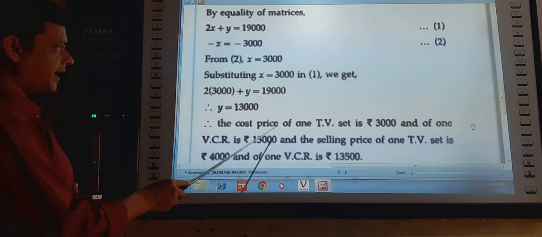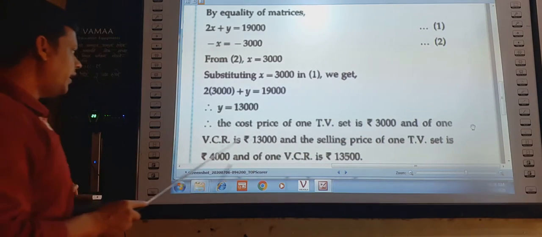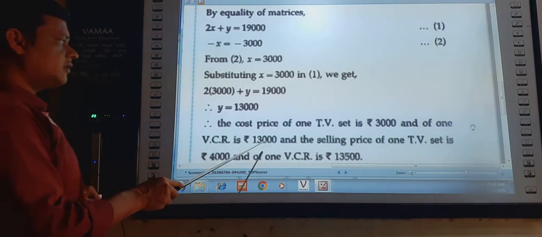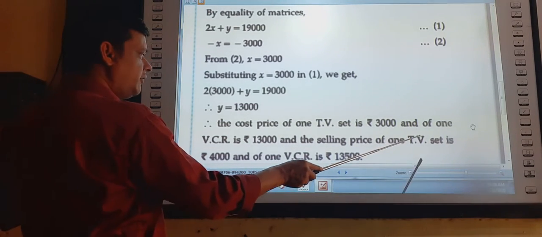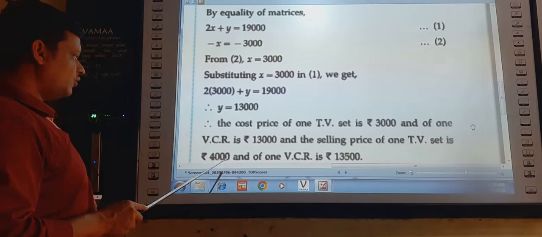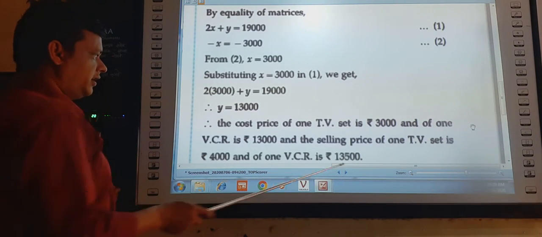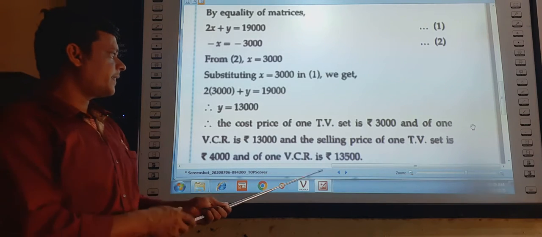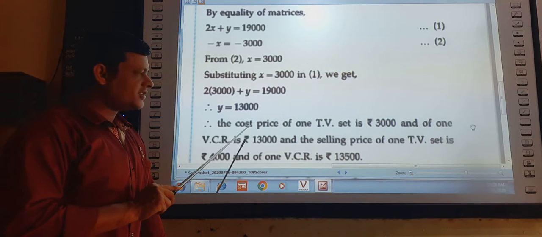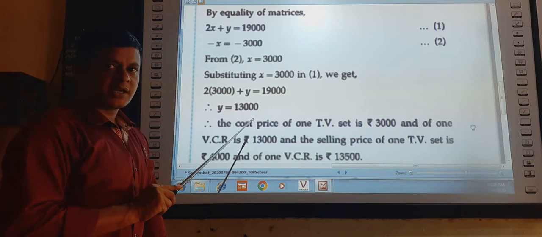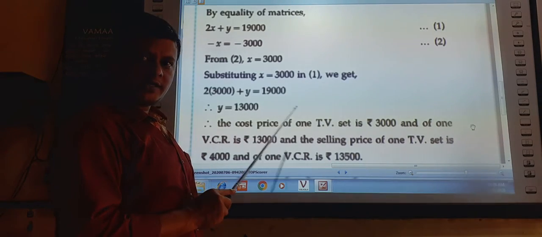Therefore the cost price of one TV set is rupees 3,000 and one VCR is rupees 13,000, and the selling price of one TV set is rupees 4,000 and one VCR is rupees 13,500. हे कशावर लिहिलं आपण, जी आपल्याला कॉस्ट आहे ही आपण कॉस्ट काढलेली आहे, आपल्याला याच्यावरून सेलिंग प्राइस काढायची आहे. कॉस्ट प्लस प्रॉफिट दॅट इज सेलिंग प्राइस.